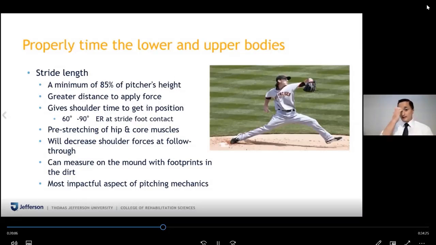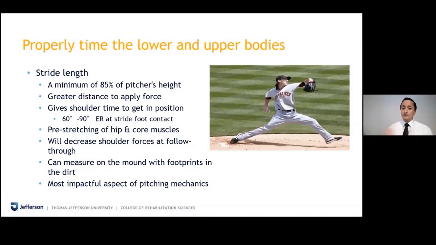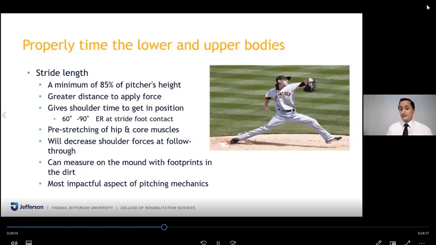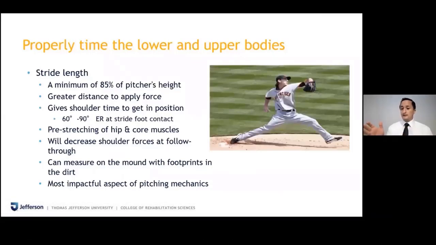Like I said, this times you properly, but it also allows you to create force over a greater distance or amount of time. The longer that back leg is pushing off the mound, the bigger your stride length is, the more time you allow for force generation and acceleration of your mass.